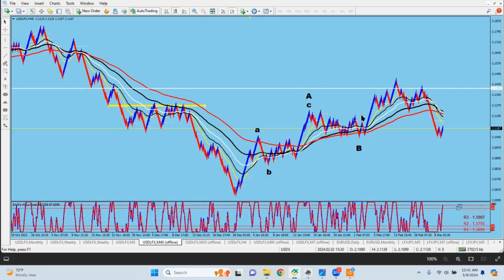And then this one is like 1, 2, 3, 4, and 5, wave C. And that is the ABC correction to that wave 1.